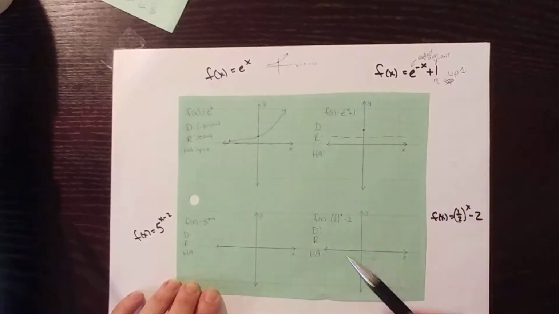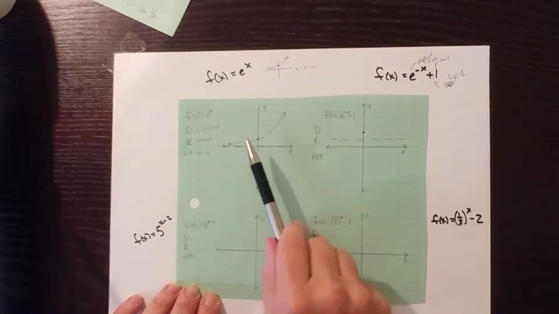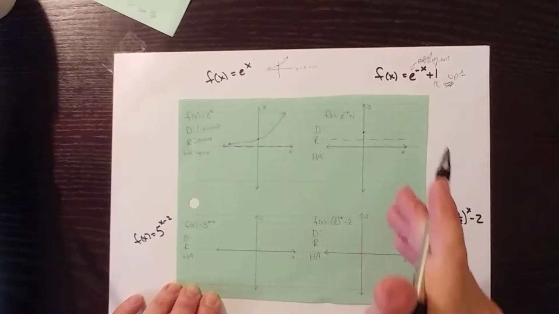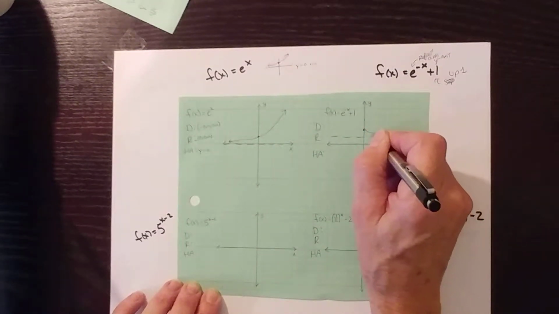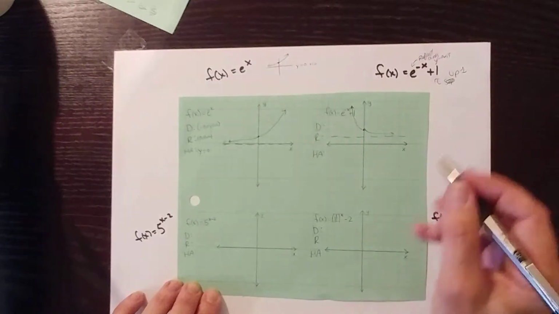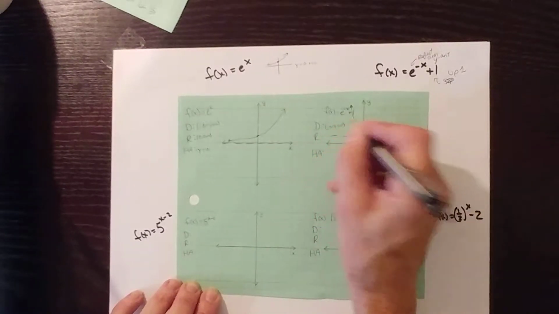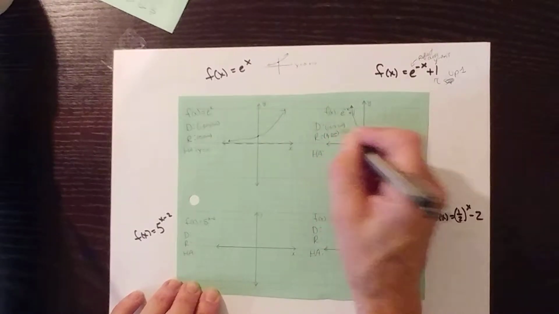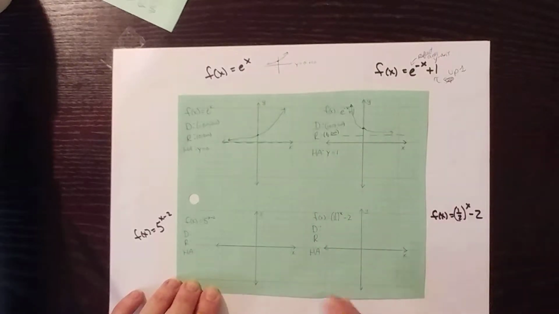And so if this is reflected across the y, then this up part's going to be over here, and the down part's going to be down here. So it's going to look like this. It's going to be down here close, and then it's going to go up like that. That's what the shift looks like. So the domain is still negative infinity to positive infinity, but the range got changed to 1 to infinity because of that shift. And now the horizontal asymptote is y is equal to 1.